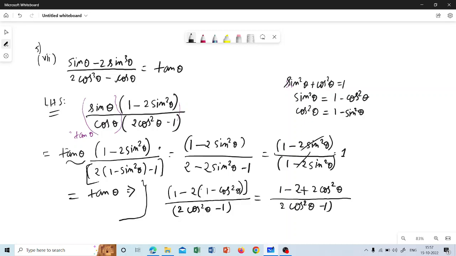If there is a negative sign, we try to avoid it. So then 1 minus 2, again it's minus 1, so minus 1 plus 2 cos square theta. Now, instead of writing this minus 1 at the beginning, I will write it at the end, after cos square theta.